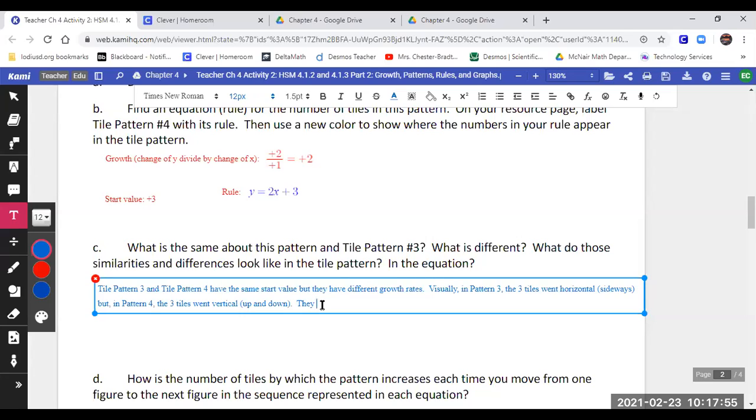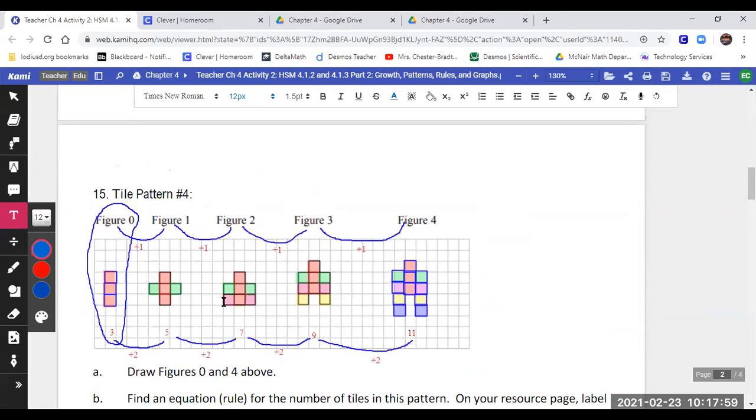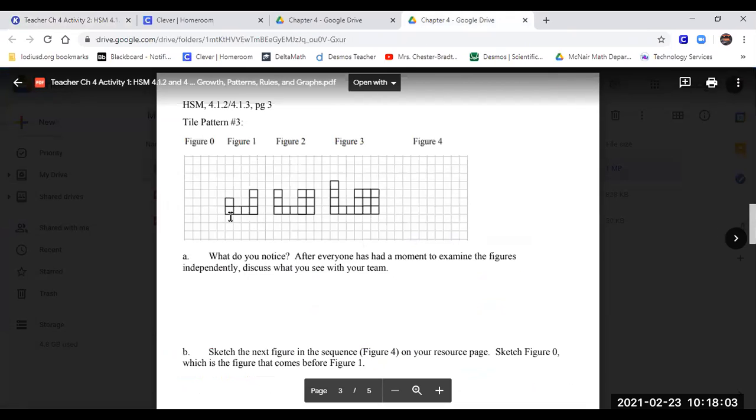What happened differently between this picture here, pattern 3, and this picture here? They both started with 3, but what was different visually?